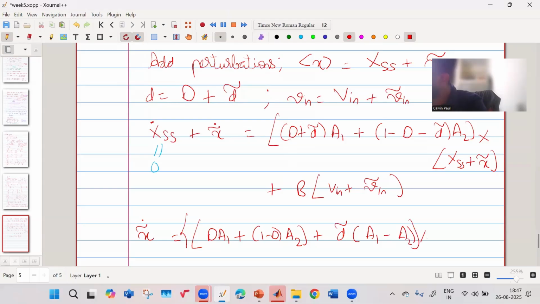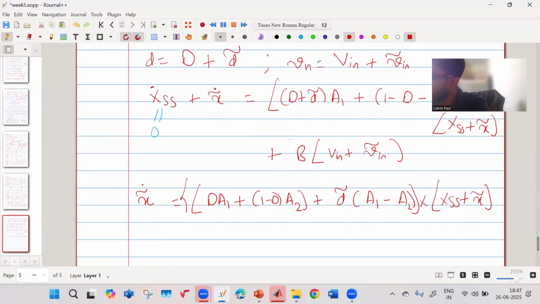Okay, that is multiplied by x steady state plus x perturb, plus b into v in plus b into v in perturb. Okay, this is what we have got.